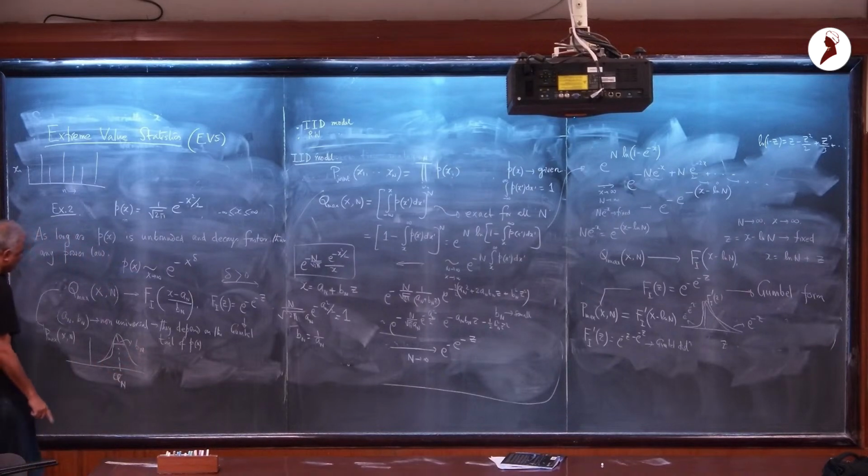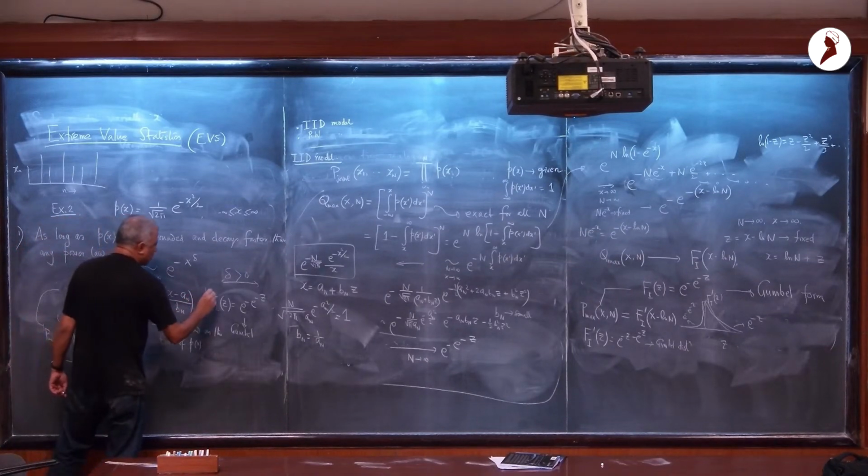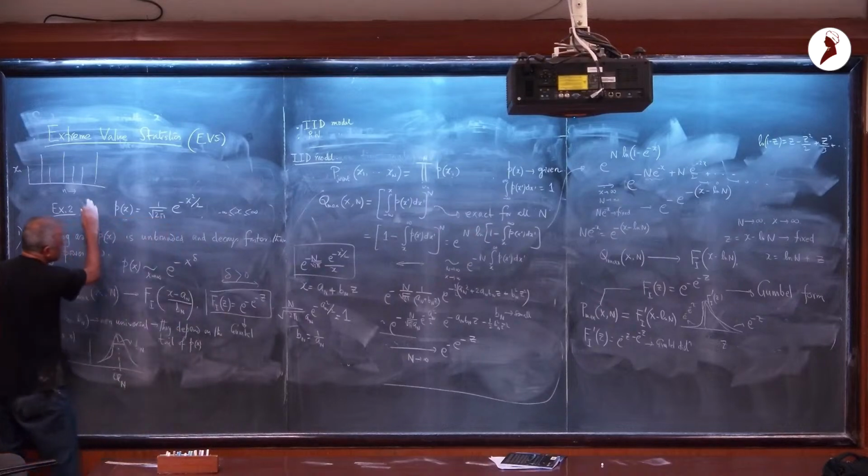But the scaling function, when you subtract an and divide by bn, they all collapse onto the same curve, and this curve is universal as long as the tail decays like this.